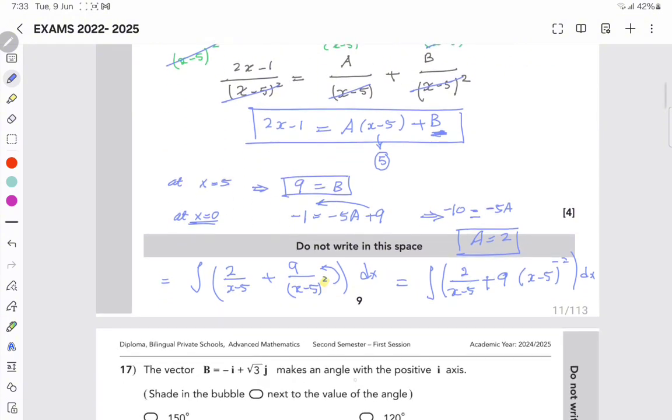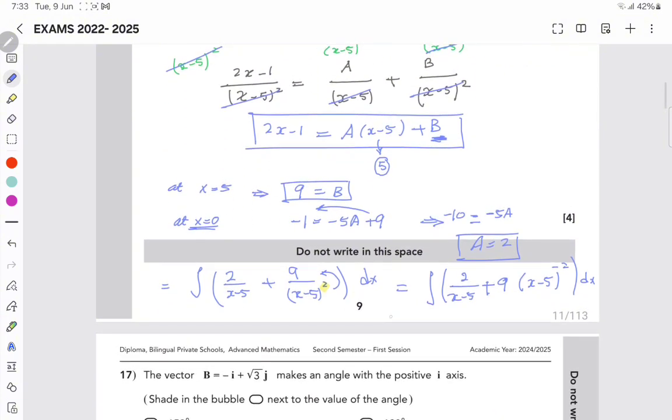Now how to integrate that? We just do that. 2 ln of the denominator, because that is linear. Here we add 1 to the power of x minus 5, negative 2 plus 1, it will be negative 1. Then divide by the new power, 9 over negative 1, it's negative 9. And the coefficient of x inside is 1, all of that plus c, and that is the final answer.